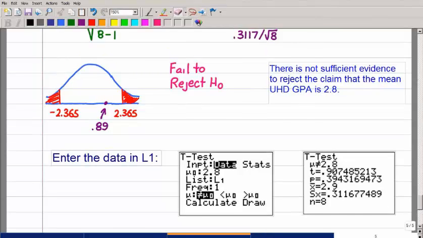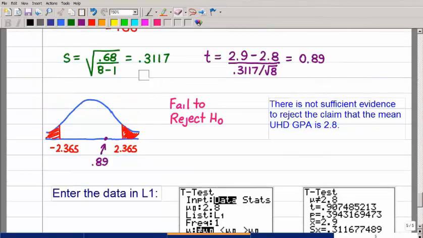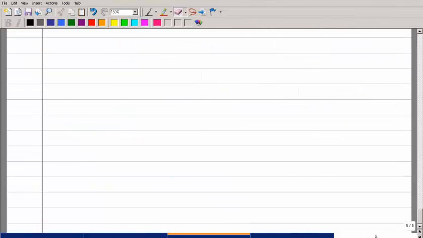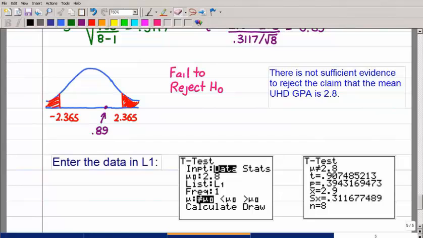So you can see that's why it's important still, though, if you would have calculated standard deviation, to use about 4 decimal places or so your answer doesn't get too far off. Here it's only a little off, but not enough to affect anything. And that concludes this section on hypothesis testing for the mean small samples.